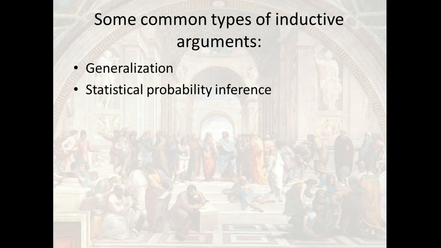Statistical probability inference. So this is related, but instead of all crows being black, we start talking in probabilities. This is either inferring that a percentage X of the whole of a class has a property from the observation that a certain percentage of a representative sample of that class has that property. Or inferring that a given individual member of the class is a certain percentage likely to have that property from the observation that a certain percentage of a representative sample of that class has that property.